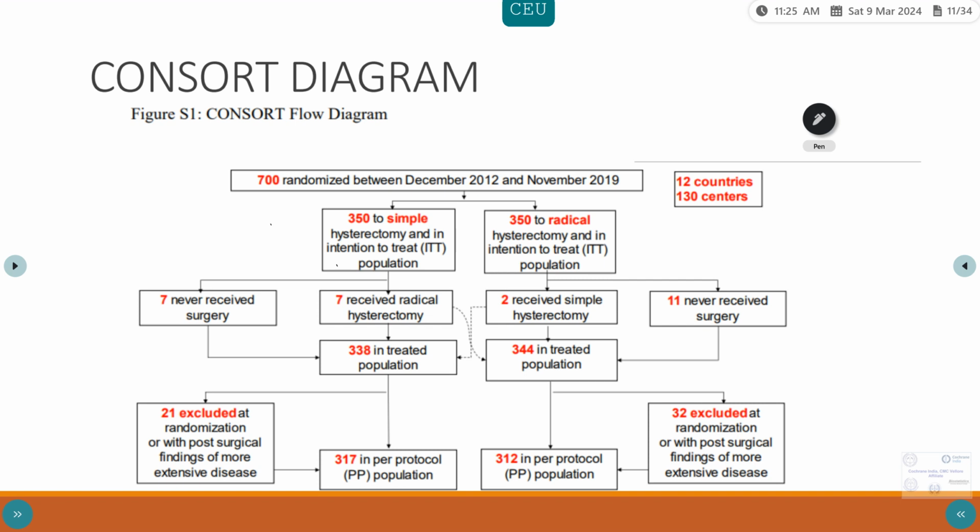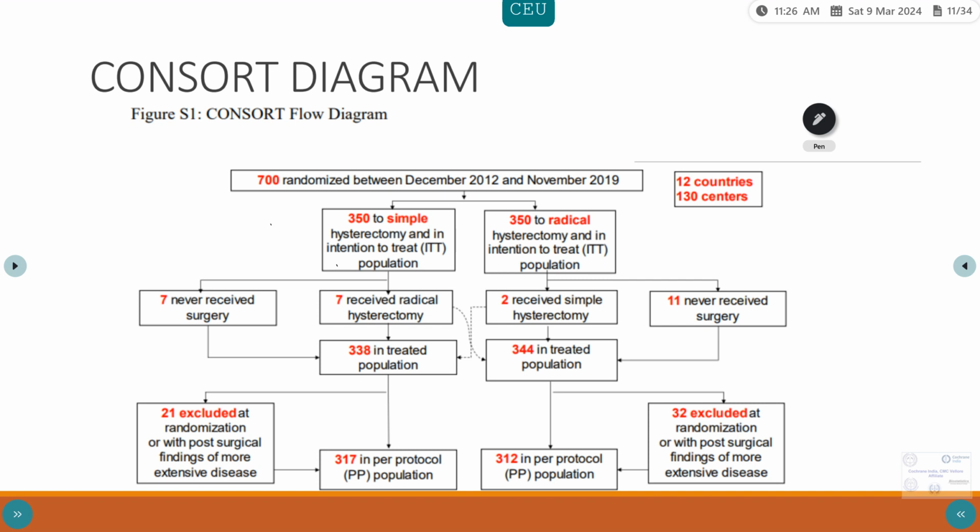So they had a total of 338 patients, of which 21 were excluded because after the surgery, they found that they had extensive disease. So in the end, they were left with 317 patients in per protocol analysis in the intervention group. It was similar in the control group also, where 7 patients crossed over to the other side and they were left with 312 patients in the control group.